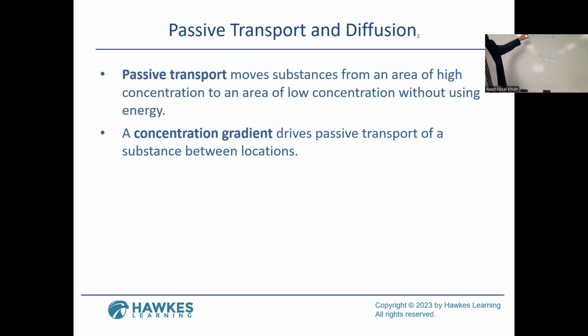Until they both equal. So 100 is going to leave from this side, it's going to be 400, and 100 is going to be added to this side, and that's going to be 400 till they're equal. So we have equilibrium. Till we have equilibrium, they're both equal. Now when they are equal, is there any more movement?